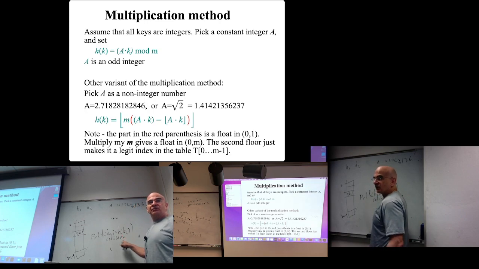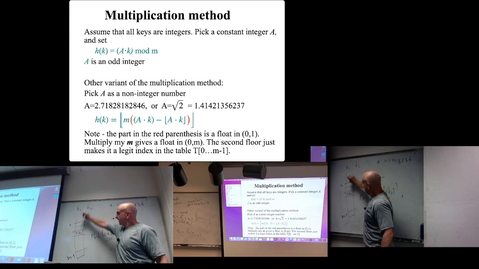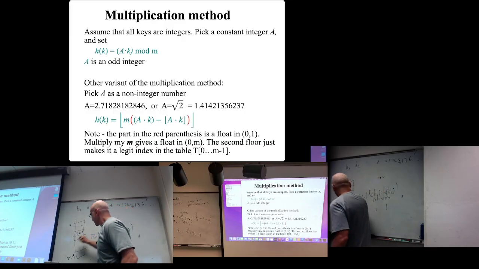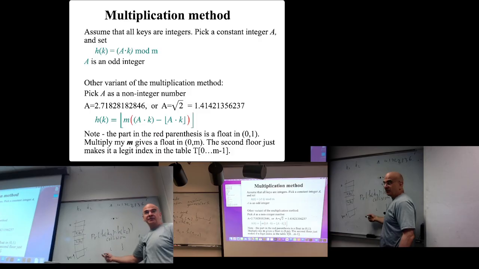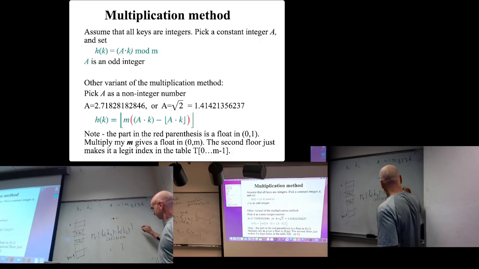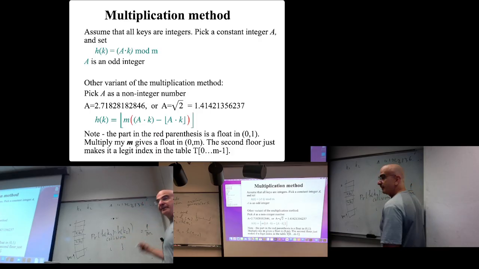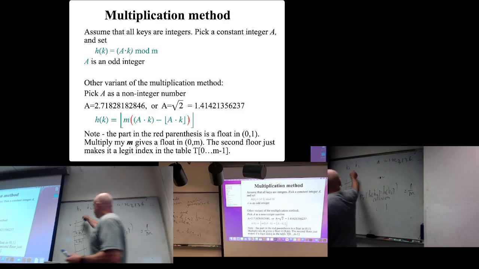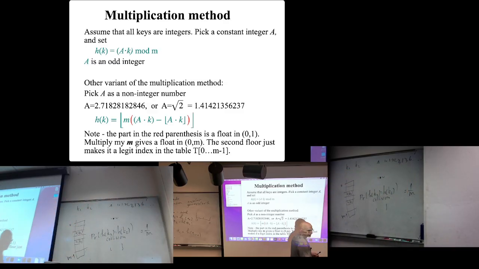The chance that there is a collision, if I just drop h(K2) into a cell, the chance that it's the same cell would be, of course, 1 over m. Because K2 has no idea where K1 is. Each one of the cells has the same probability to be picked.